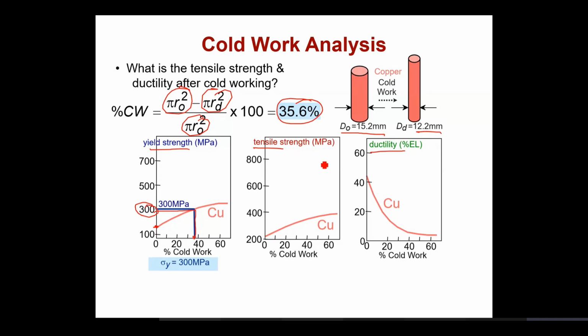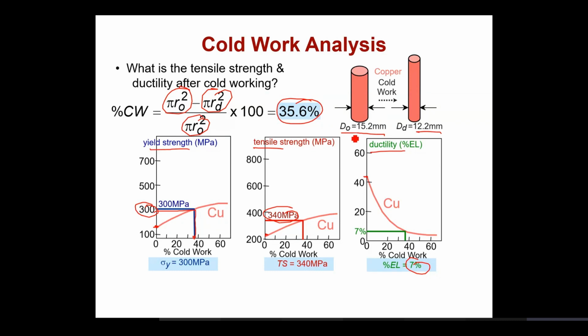Similarly, you would see the tensile strength going to 340 megapascal as compared to about 220 for a 0% cold work sample. On the contrary, you would see 44 or 43% ductility decreasing to about 7% as you cold work the sample from 0% to about 35.6%. So this is the effect of cold working on the materials.